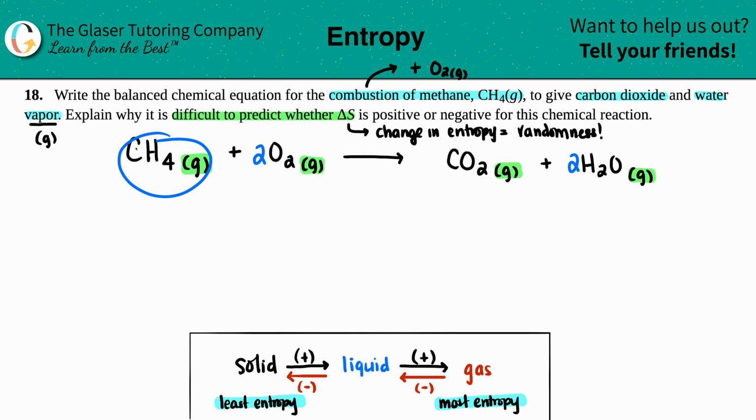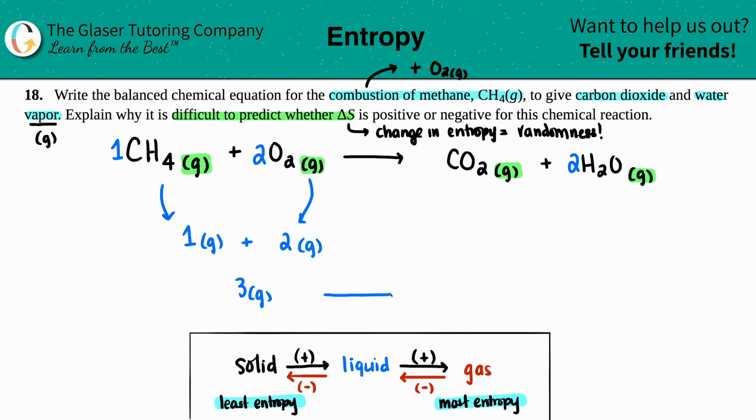Now for CH4, there was only one CH4. So I have one gas here. Plus, there were 2 gases. So I have a total on this side of 3 gases. And let's see what's going on this side. Well, CO2, there was 1 in front of it.